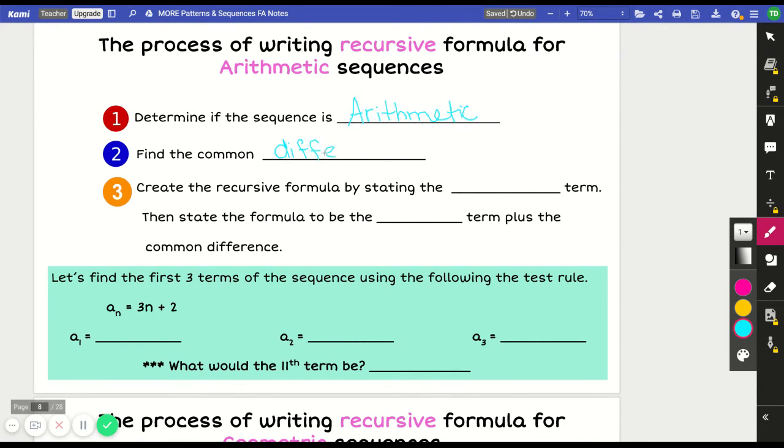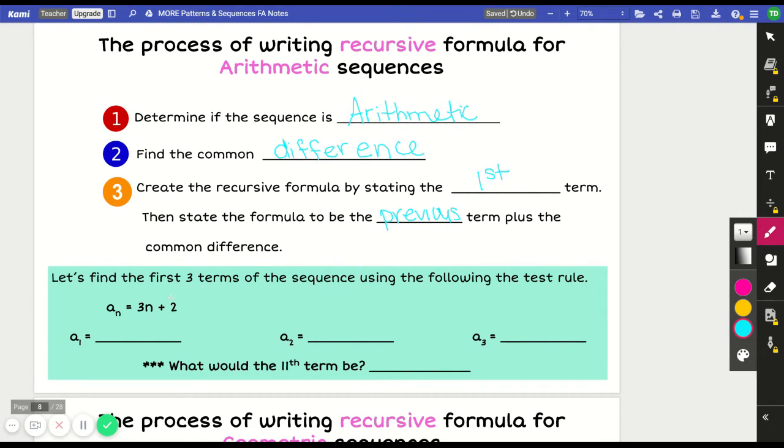So you find if it's arithmetic, and then you find what the common difference is. Create the recursive formula by stating the first term, and then state the formula to be the previous term plus the common difference. So that was exactly what we talked about right at the start of this video.